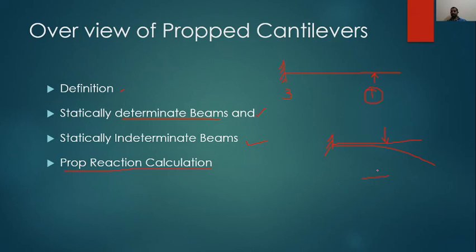And similarly, in the second case, we are going to remove the load completely and apply only the prop reaction in the upward direction. Then we are going to back calculate the amount of deflection upwards.